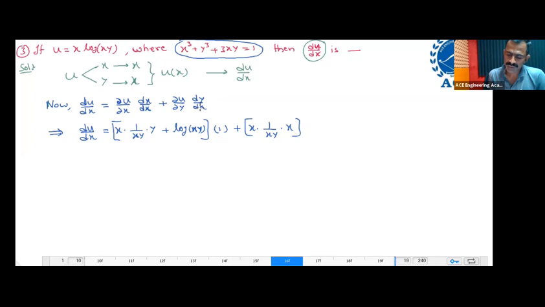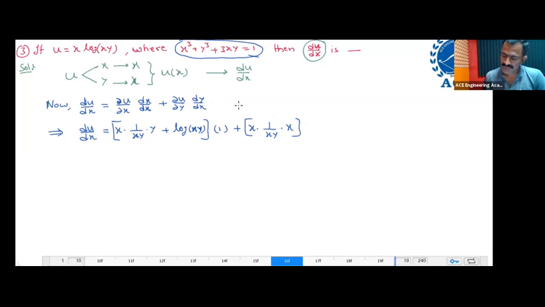But from this relation, we cannot write y in terms of x to write the dy by dx directly. So in this case, we use the implicit differentiation method, because it is an implicit function.